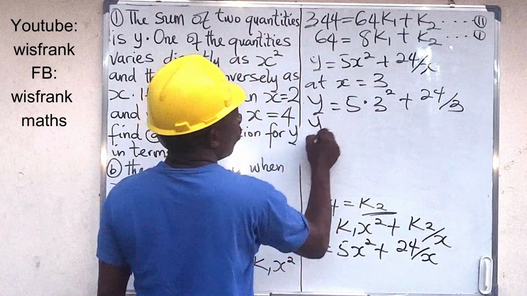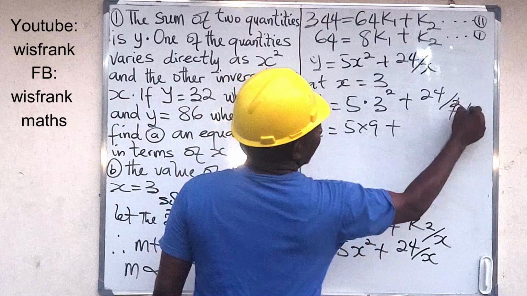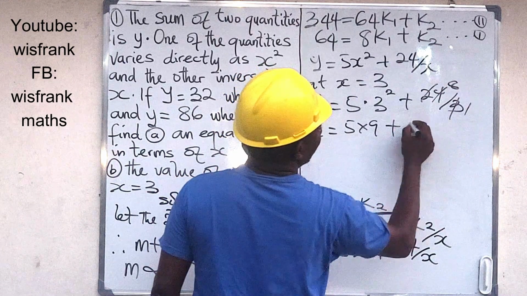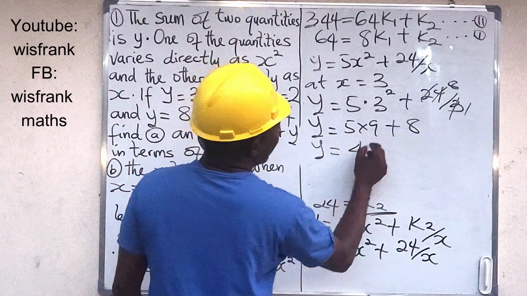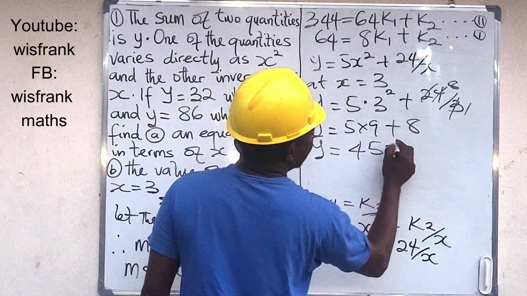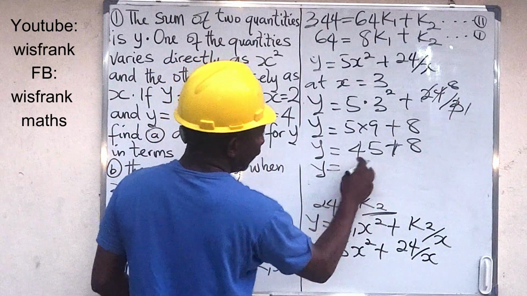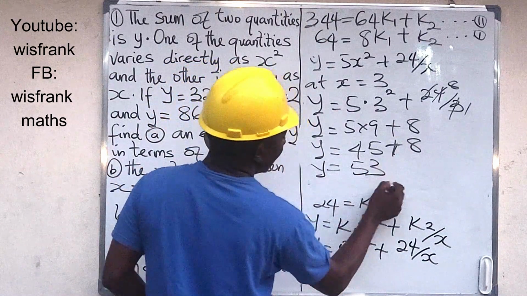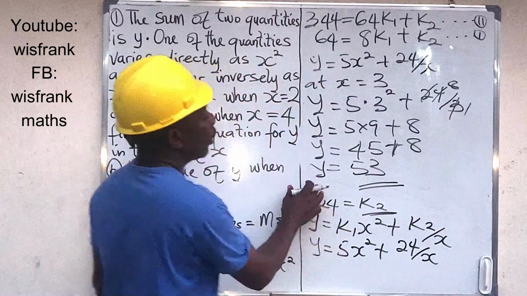So in this case, we have y equals 5 times 9 plus, 24 over 3 is 8. So now we have y equals 45 plus 8, which is 53. So the value of y when x equals 3 is 53.